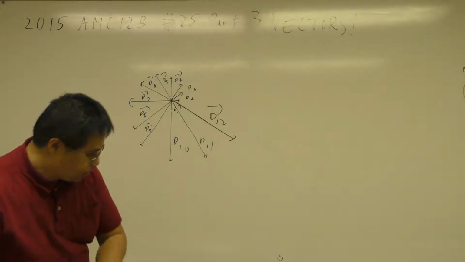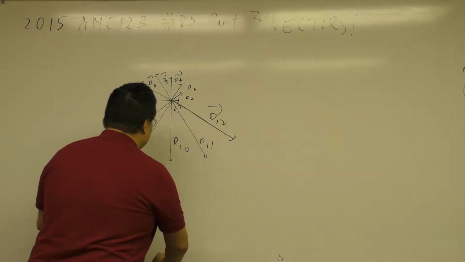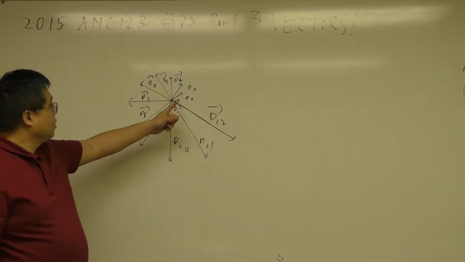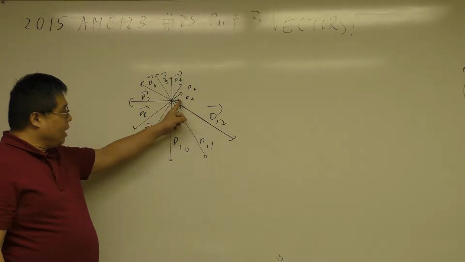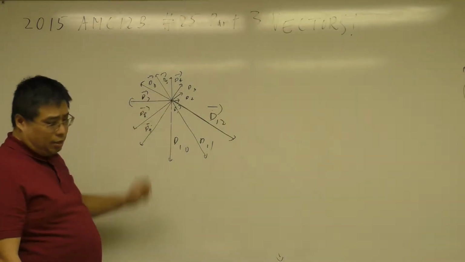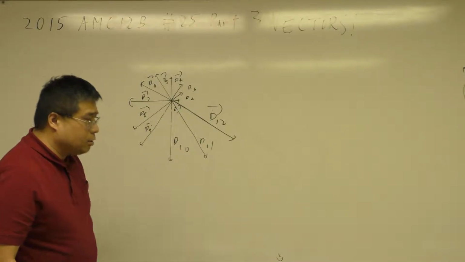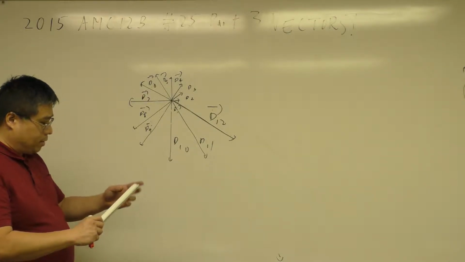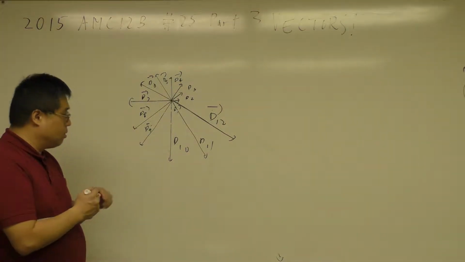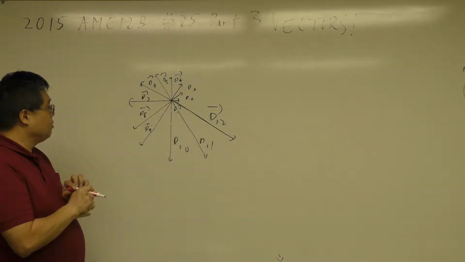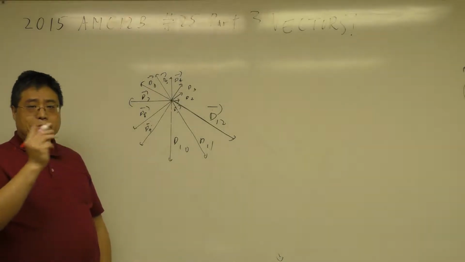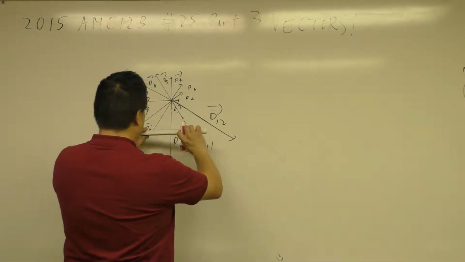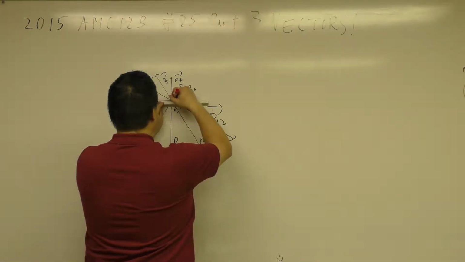Now, let us look at what happens if we only consider two at a time. If we add the vectors D1 and D7, since they're pointing in totally opposite directions, our resulting vector will just be a vector of length 7 minus 1, 6, in this direction.